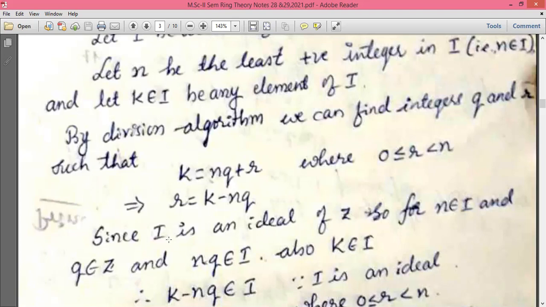So that remainder can be expressed as k minus nq.